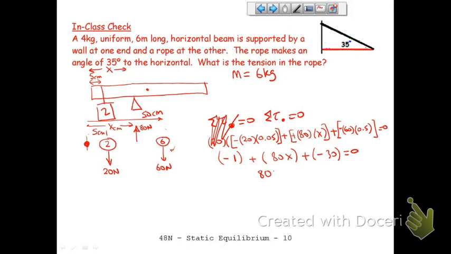So 80x is equal to 30 plus 1, which equals 31. So x is going to equal 31 over 80, which equals 0.39. So this distance from the beginning would be 39 centimeters from the start position.